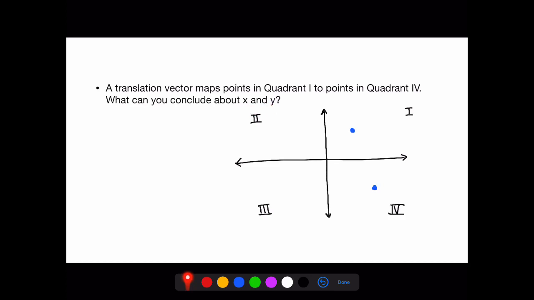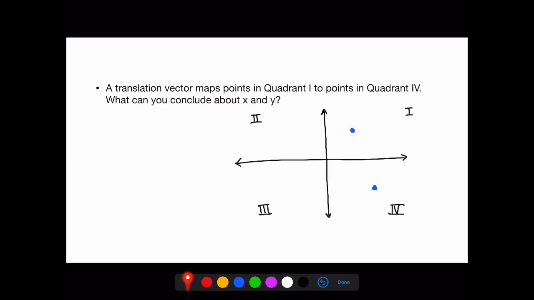So looking at this, I need to move right for my x values or small enough negative numbers so I do not cross our y-axis. We cannot cross this axis, because if I do, then I'd end up in quadrant 2 or quadrant 3. So the x values either need to be positive or they need to be negative, but small enough negative numbers that we do not cross the y-axis.